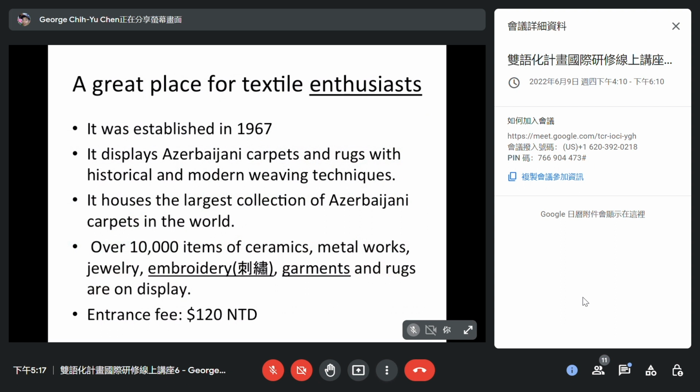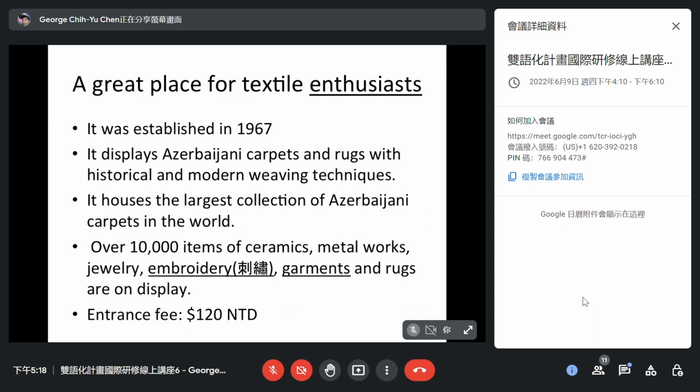And it houses 房子当动词变成容纳 the largest collection of Azerbaijani carpets in the world, and over 10,000 items of ceramics, 瓷器, metalworks, 金属品, and the jewelry, 首饰, and the embroidery, garments means 衣服, and the rugs are on display.